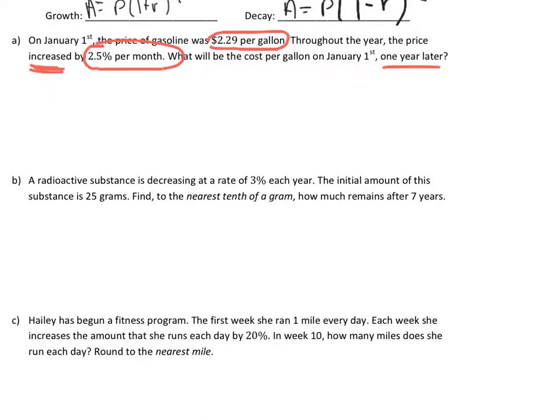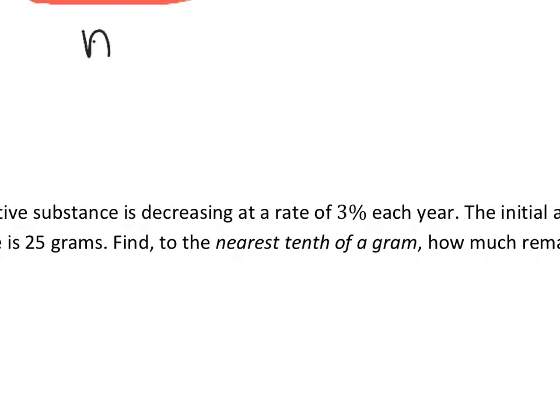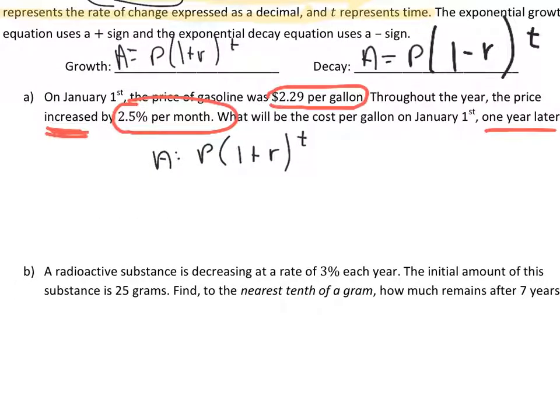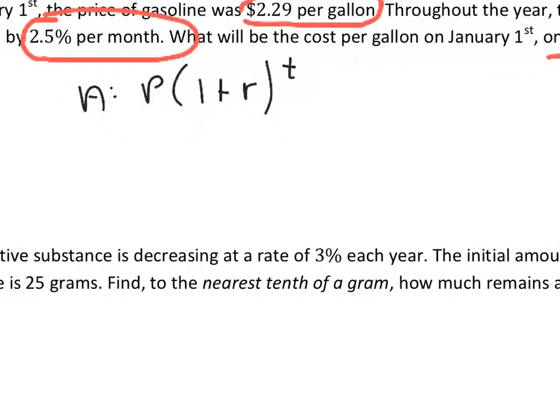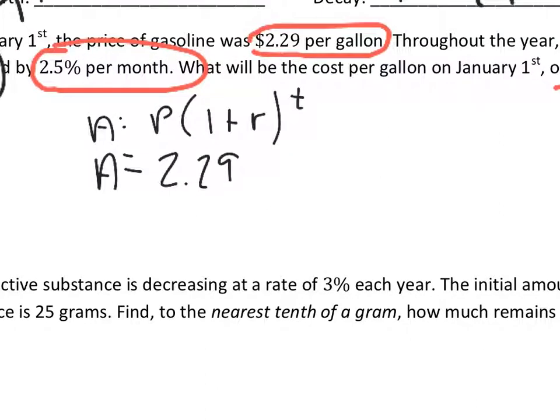So I'm going to use my formula. A equals P times 1 plus R raised to the T. Again, I'm using 1 plus because we're increasing, so we're growing. She's going to gain more money. All right, so A equals principal, the original amount, $2.29 times 1 plus the rate to the time.